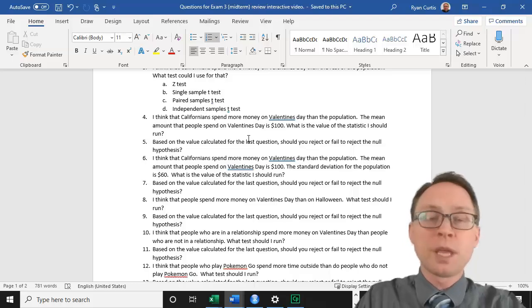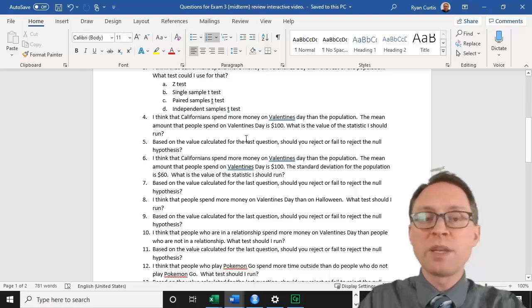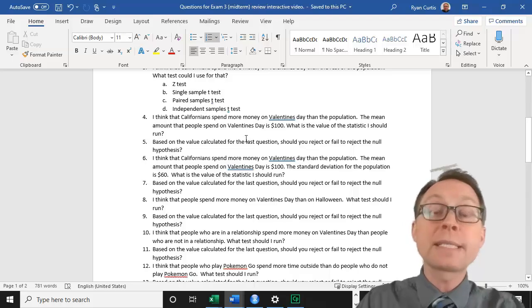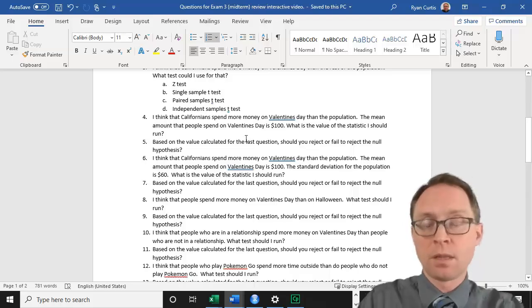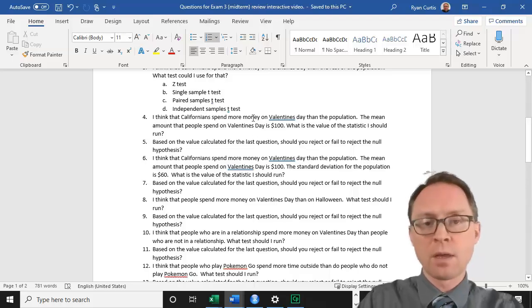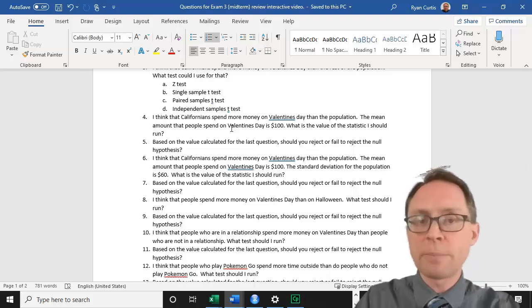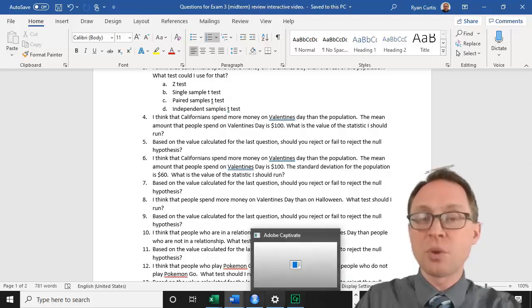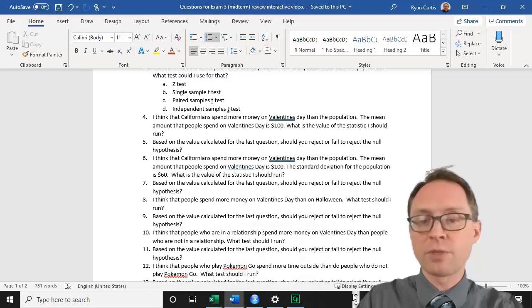In this particular case, we find that they are spending significantly less money than the population, not more, right? So technically I should reject the null hypothesis, that's correct, but it's going in the wrong direction. Californians are spending less money on Valentine's Day, not more money on Valentine's Day.